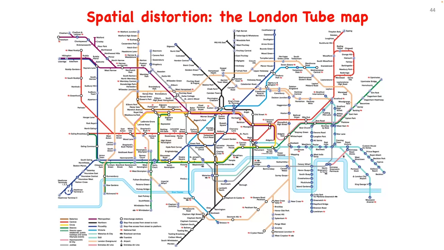And he said, can we make the tube map easier to understand by putting it onto this sort of grid? And as we all know, it was hugely successful and it's been copied elsewhere. Okay, so Berlin, you can see something very similar. And I could have put other cities up too.